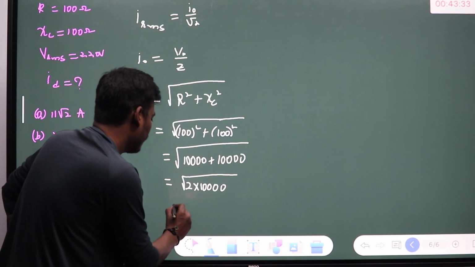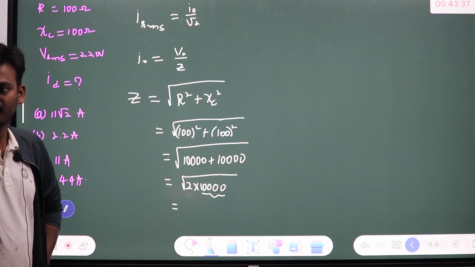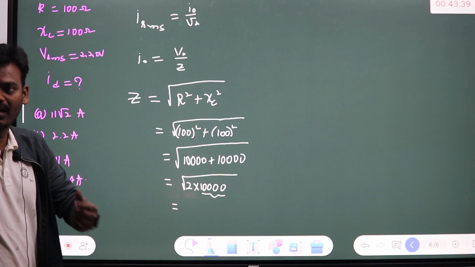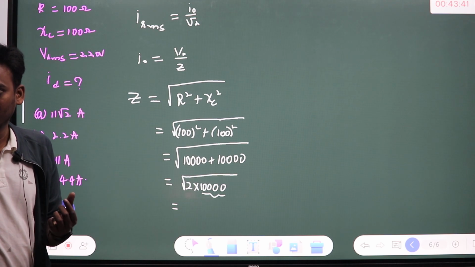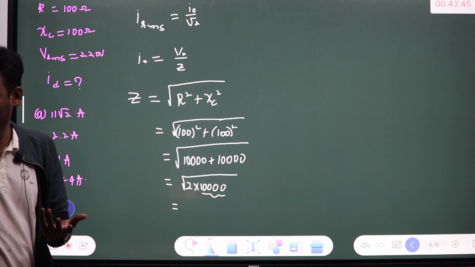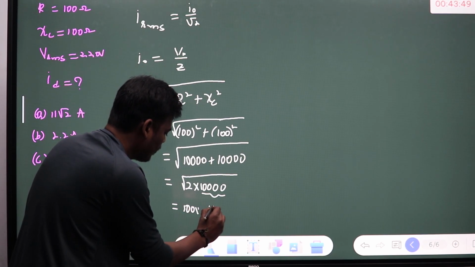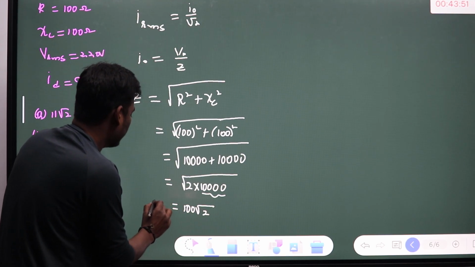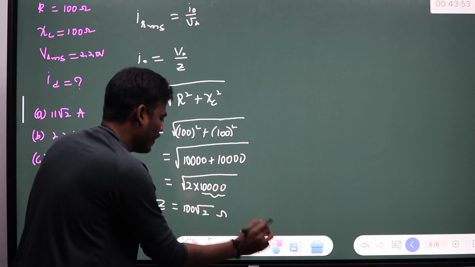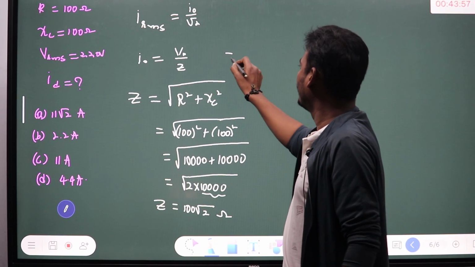Okay, now if I take out this part, what will I get? If we take out 100, it will be 10. If we take out 10,000, it will be 100, under square root. So this will be 100 root 2. So this is Z, impedance. Now substitute here.